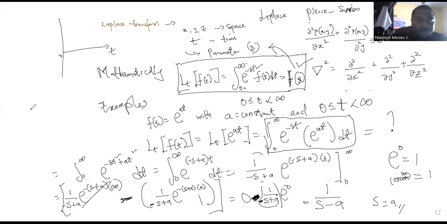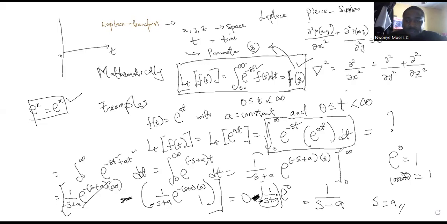If you integrate exponential x, you're also going to get exponential x, right? But there is a variable here, so you can check the table for integration. You will come to understand that if you integrate this particular function, you're going to be getting 1 all over this function, then exponential that same function again.